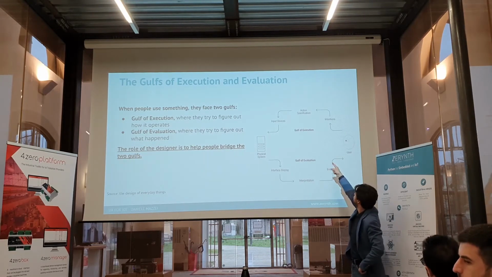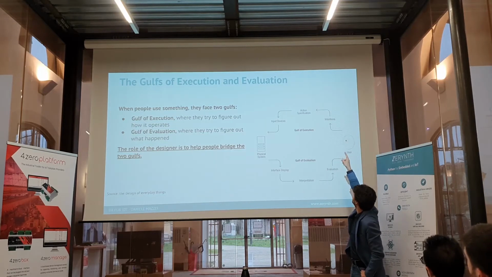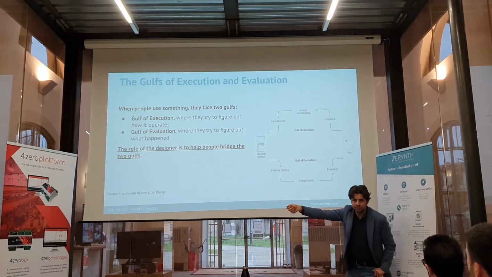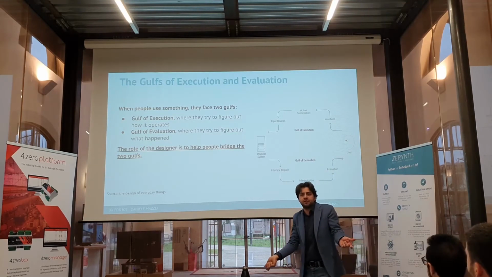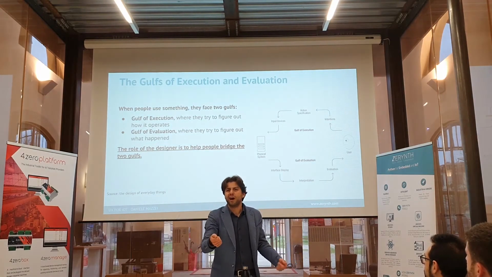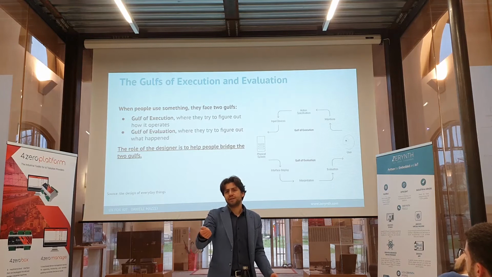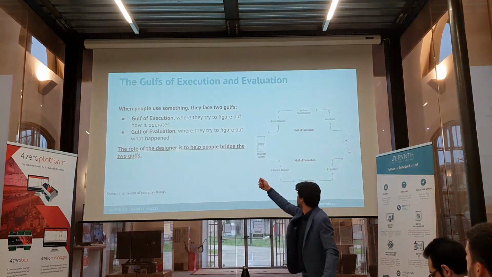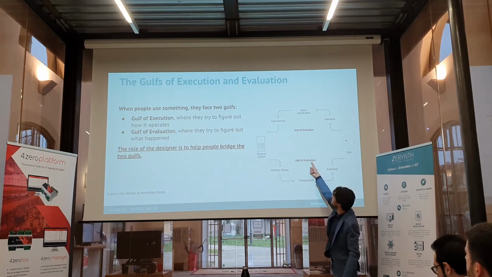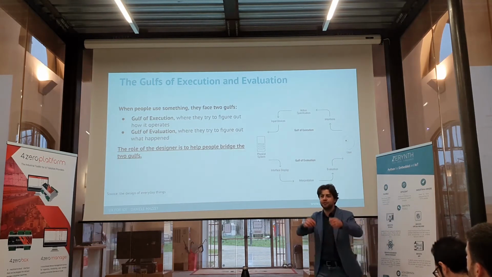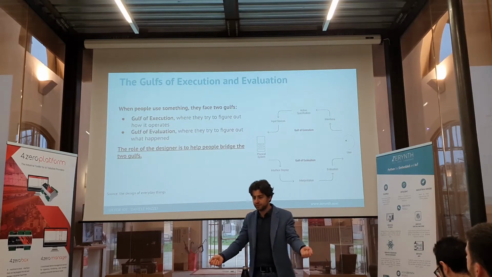The more effort you have to spend for defining the intention, defining the action, and providing an input, the more complicated your interaction will be, because of a not well designed execution, the gulf of execution. Vice versa, the more complicated it is to evaluate what happened, the more complicated the entire interaction will be.